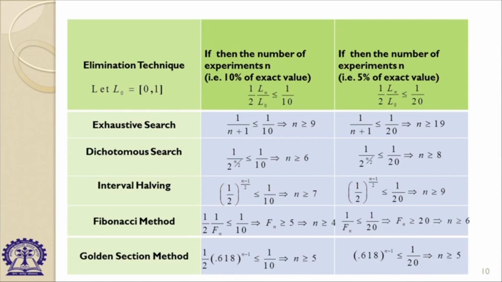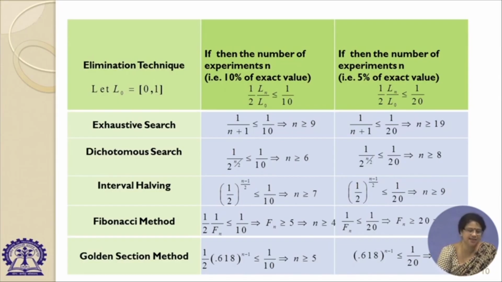For exhaustive search, we have seen that the reduction ratio was 1 by n plus 1. That is why 10% accuracy means half into ln by L0 must be less than or equal to 10 by 100. If we just calculate, we could see that the exhaustive search takes more than 9 experiments, and for 5% accuracy you need to do more than 19 experiments.